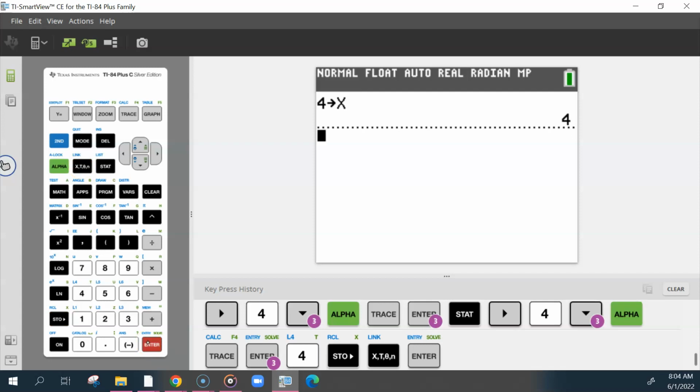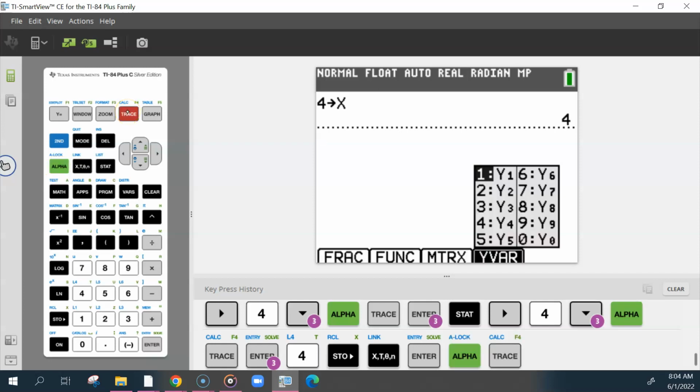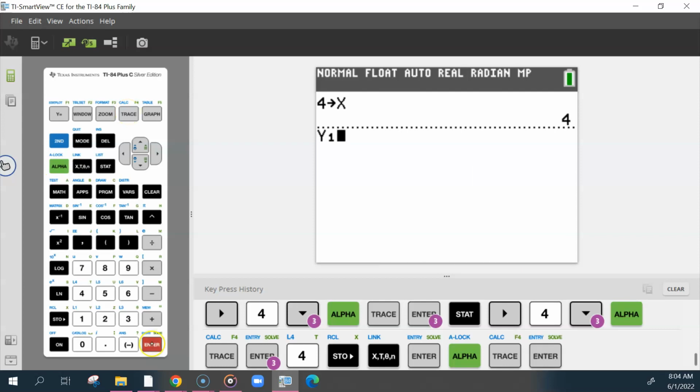And then I'm going to go back and grab the equation that I stored in my Y1. So alpha trace. Wherever you stored yours, hit enter on that one, and then enter one more time. And this says round to the nearest 100. So 130,100.